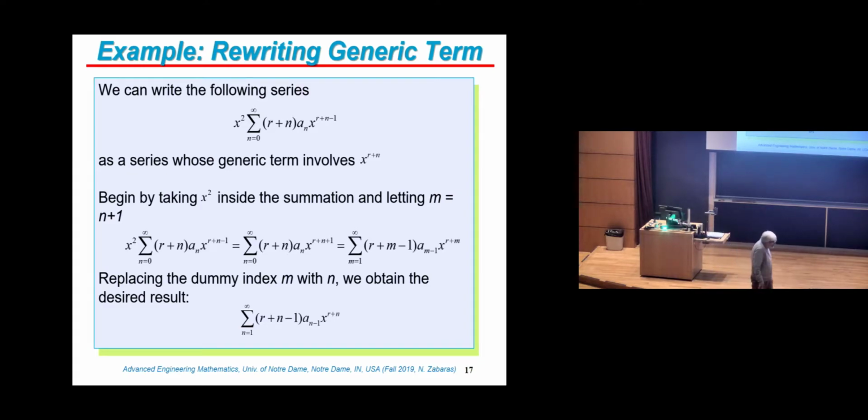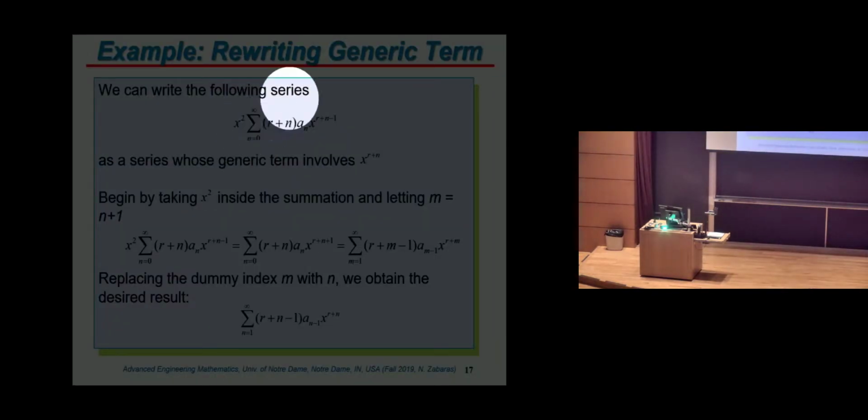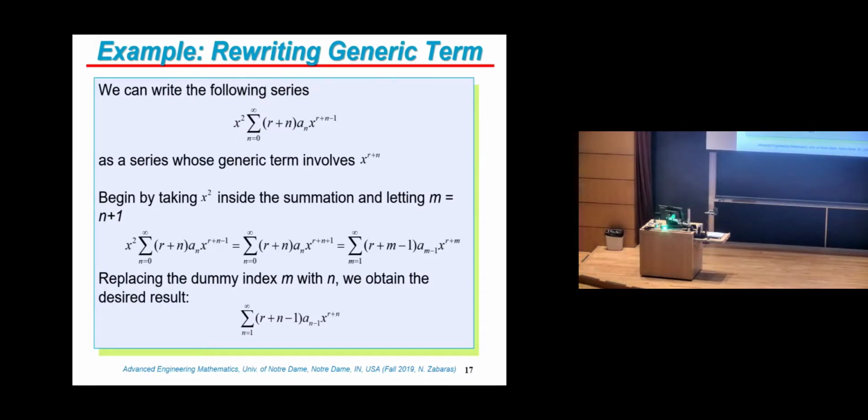I mean, there's no reason to rename it, but just to emphasize that n and m are dummy indices. And then you can write this series as such. So again, pay attention here that if you have the series multiplied by x squared, that implies that every term in the series has to be multiplied by x squared.